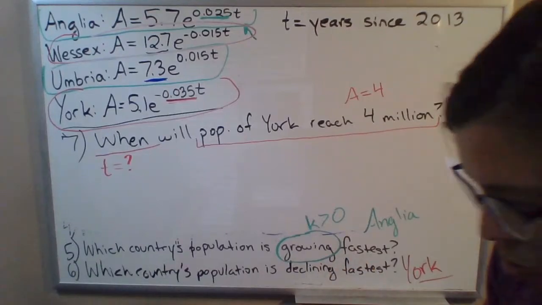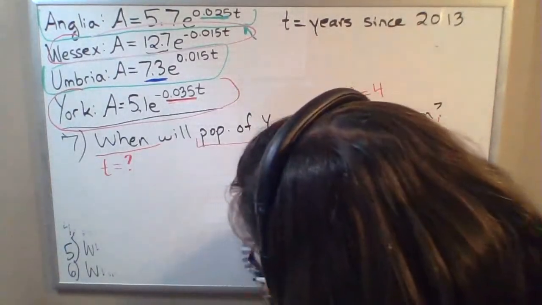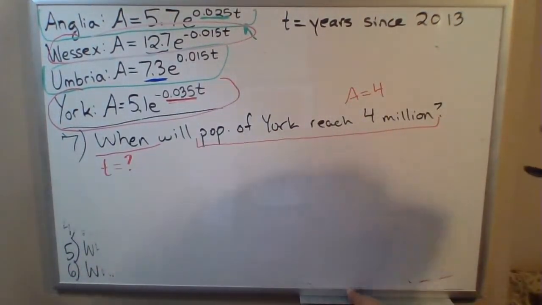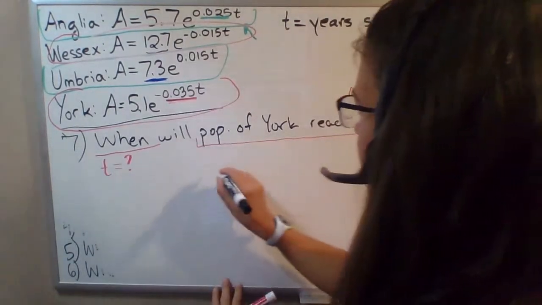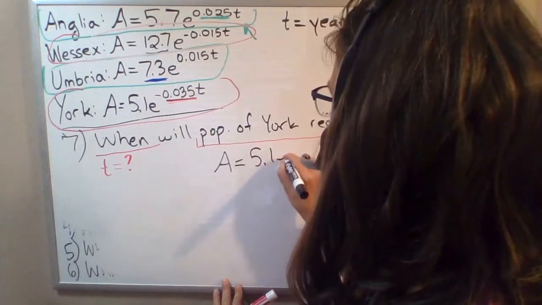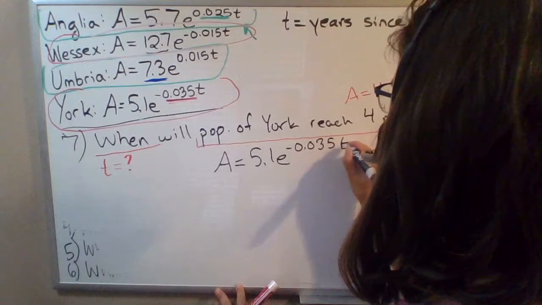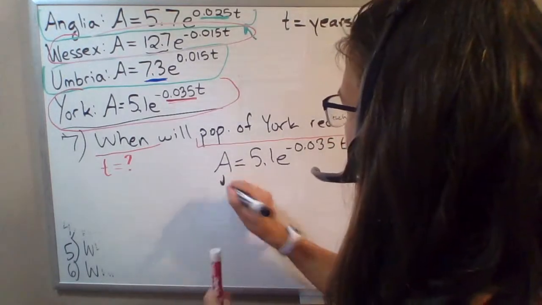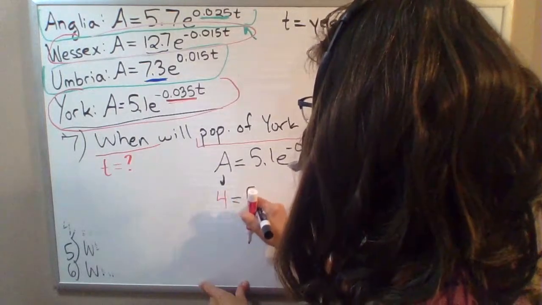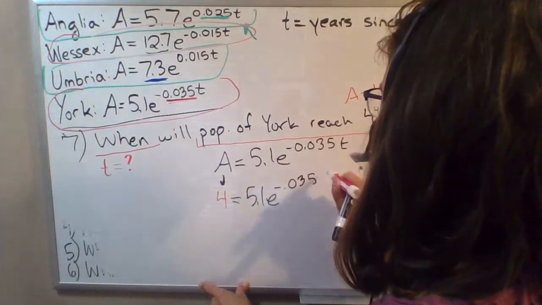So what we should do is take the equation for York. I'm going to clear some extra room for this. Here, let me first write the equation: A equals 5.1 e to the negative 0.035 t. Plug in 4 for A, for the population, and solve for t.